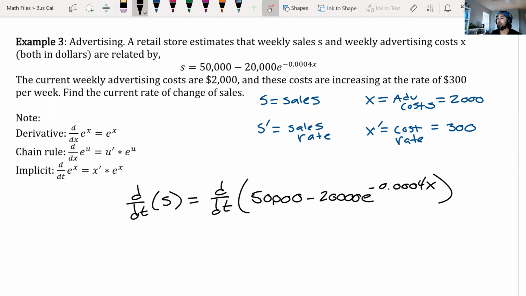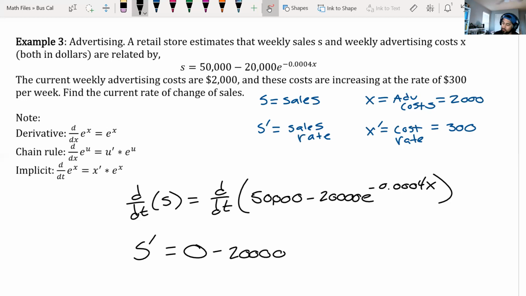Okay, first part's easy. Implicit derivative of S is S prime, equal to, second part's easy. Implicit derivative of 50,000 is 0, minus 20,000.